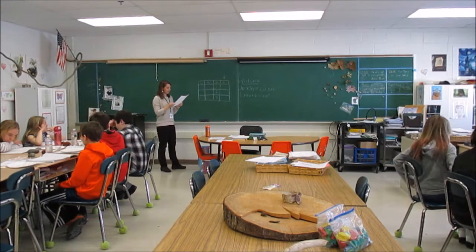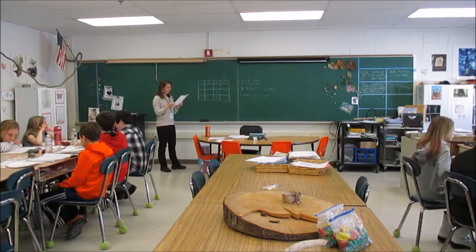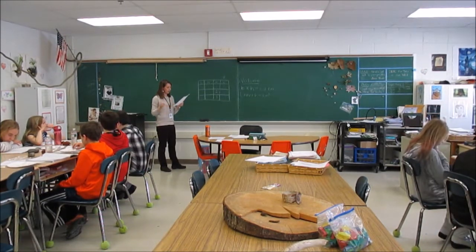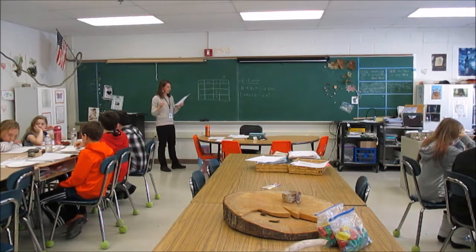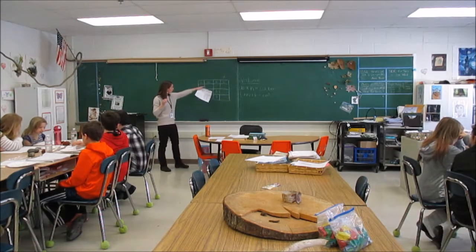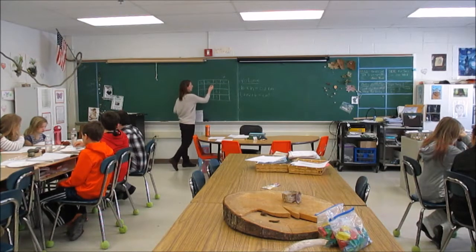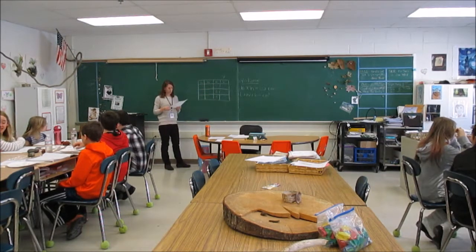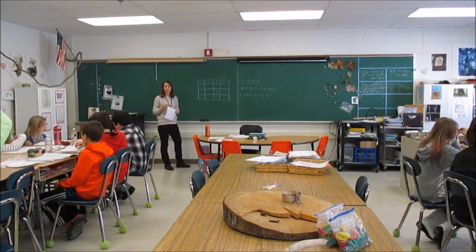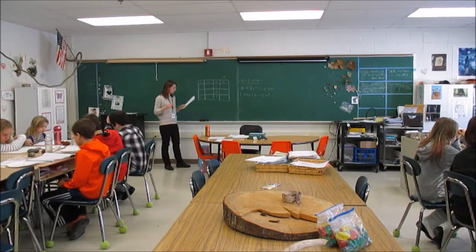And it says that the length is 3 times the width and the depth. So we know the width, it says height, but it's depth. What does the problem already give us? Timmy?